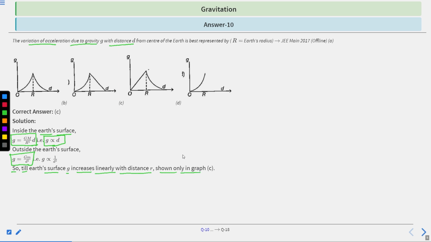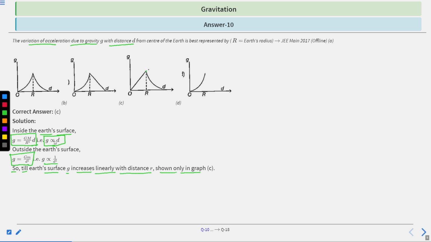Graph C. In graph C, the y-axis represents g, and the x-axis is the distance r, where R is the Earth's radius. So initially from point O to this point, it is a straight line, and after this maximum point it decreases.